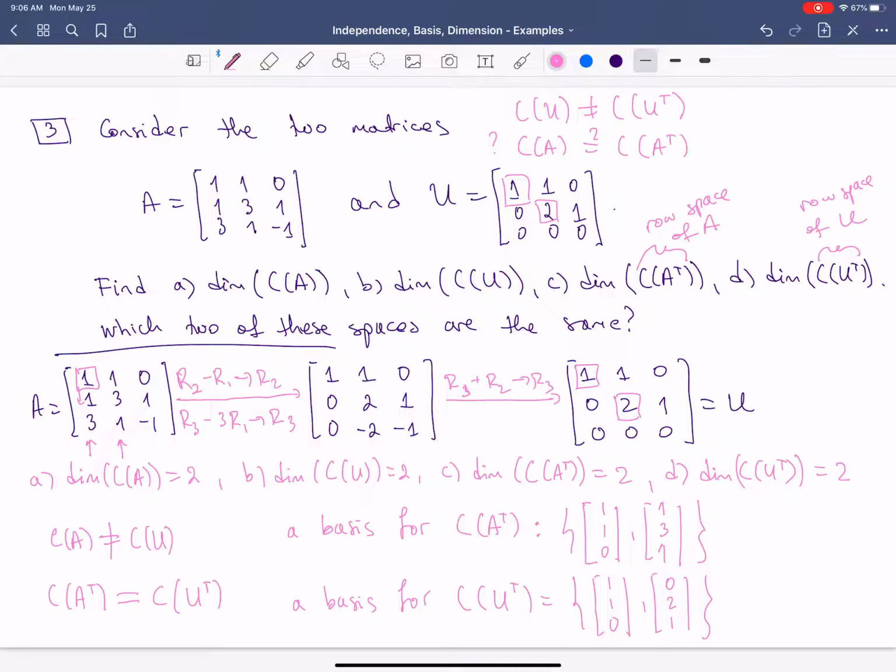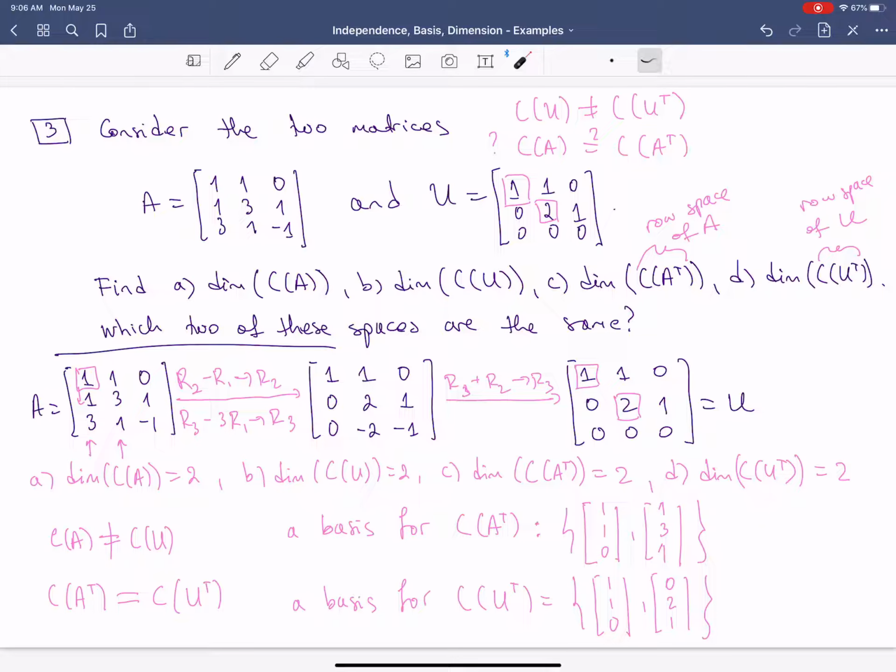So any two columns of A give us a basis for the column space of A, and any two rows of A give us a basis for the row space of A. So we would have to look at a similar argument where you take a vector from the row space and try to show that it is in the column space, and vice versa.